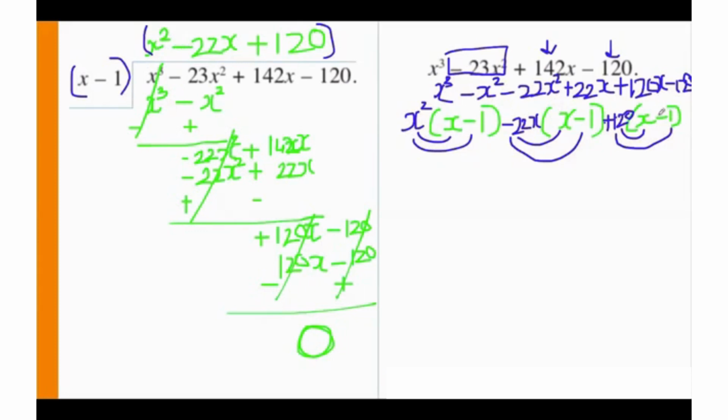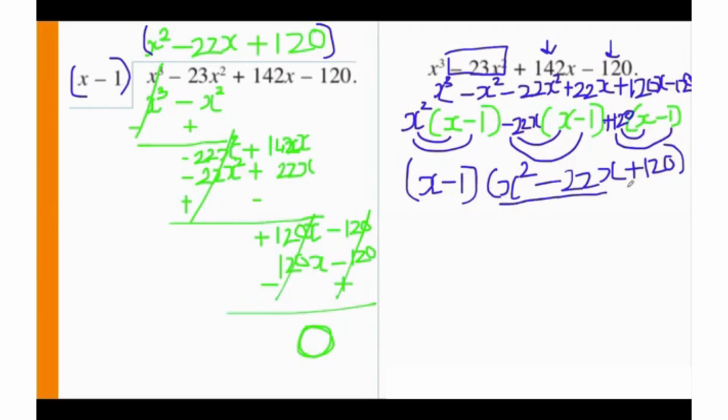So if you see in these three terms, x minus 1 is common. So x minus 1 is one of the factors, and the other factor is x square minus 22x plus 120. Now the other factor that I'm getting is a quadratic polynomial, which I can further factorize by splitting the middle term.